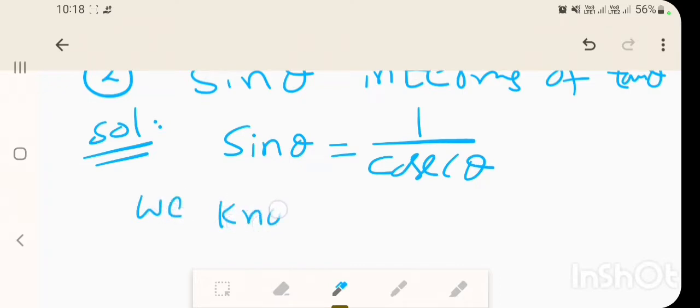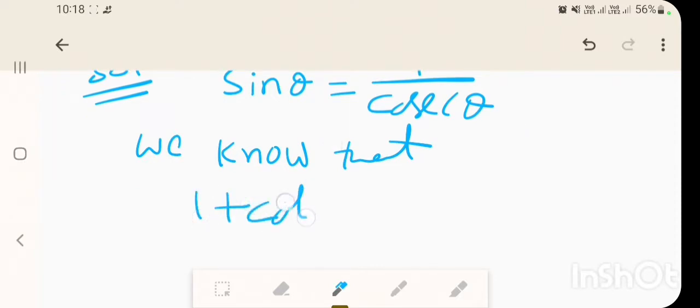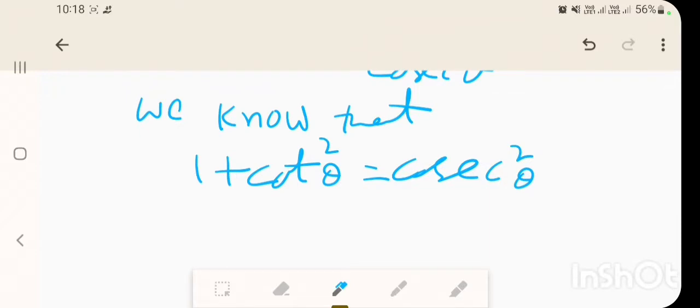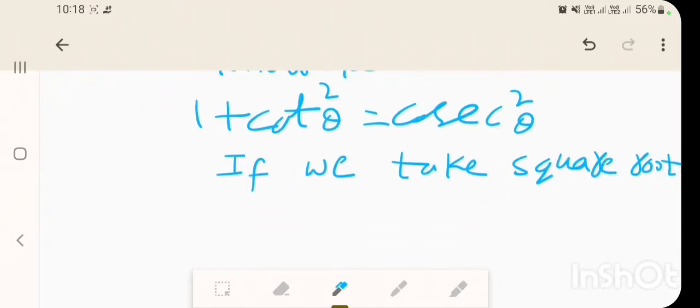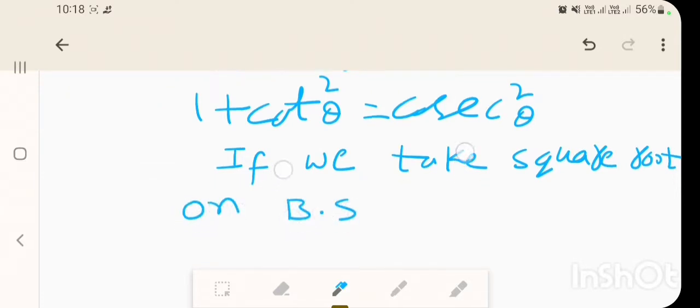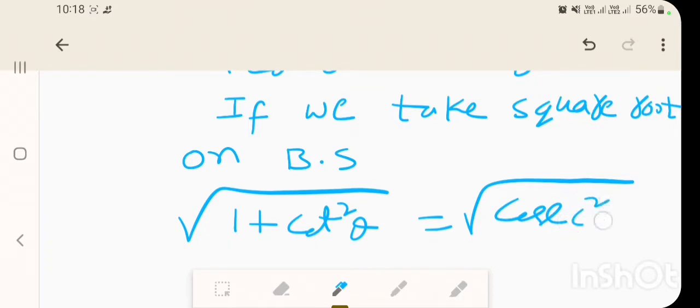We know that 1 plus cot square theta is equal to cosec square theta. From this, if we take square root on both sides, we get square root of 1 plus cot square theta is equal to square root of cosec square theta.